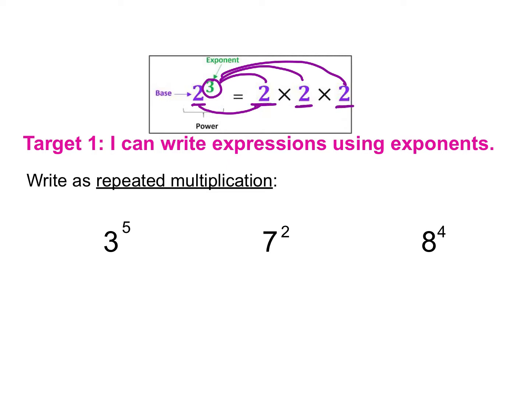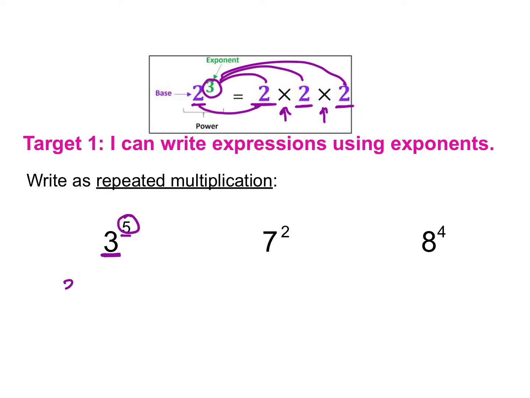In between, we use multiplication to show that this means 2 times 2 times 2. Just like 2 plus 2 plus 2 is shortened with 2 times 3, 2 times 2 times 2 is shortened with 2 to the 3rd power. So here, this says 3 to the 5th power, which means we see the number 3 and we see it 5 times.